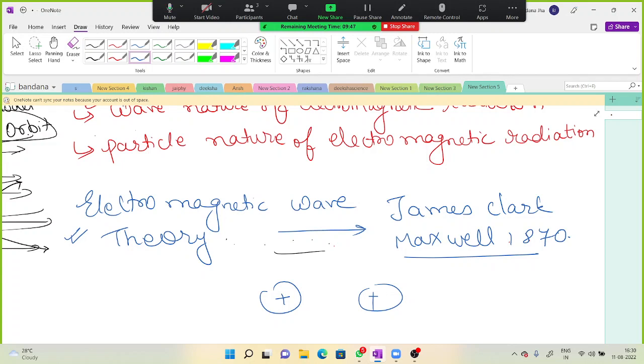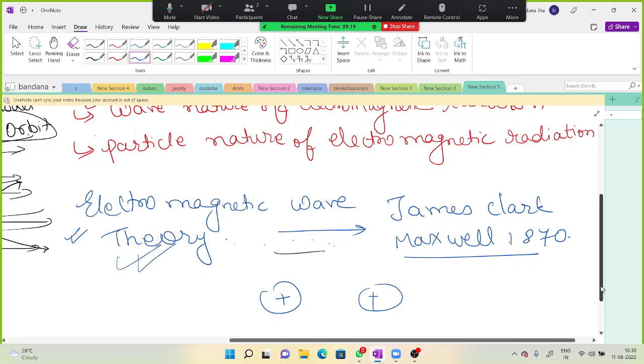Just like if you put two bar magnets with the same poles, they repel each other, and opposite poles attract each other. That is the macroscopic level, not the microscopic level. So when these electrical charges move under acceleration, alternating electrical and magnetic fields are generated and transmitted in the form of a wave, which is known as what?